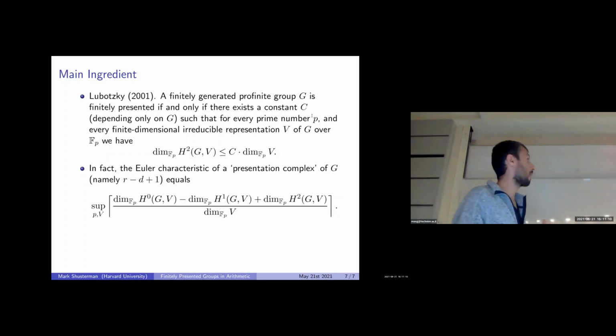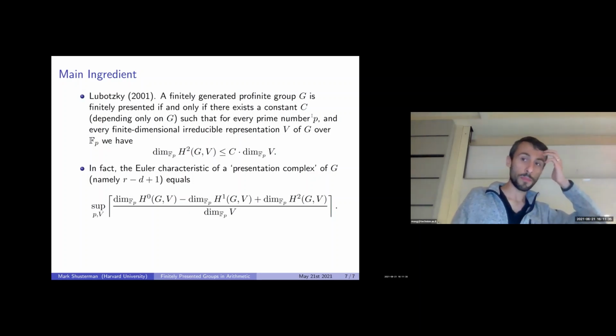One way to state this formula is if you take a presentation complex, so to speak, for your group, and if you take the Euler characteristic of this complex, namely number of relations minus number of generators plus 1, then this thing magically equals some other kind of cohomological Euler characteristic.